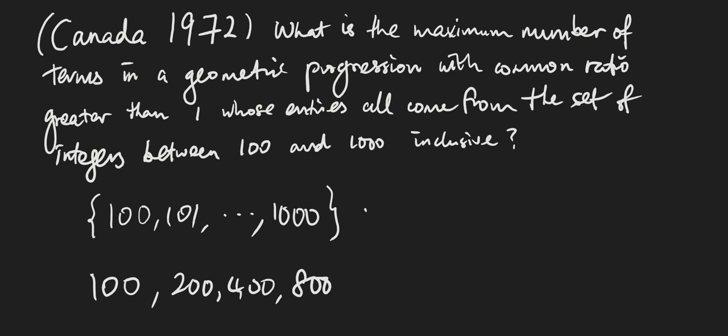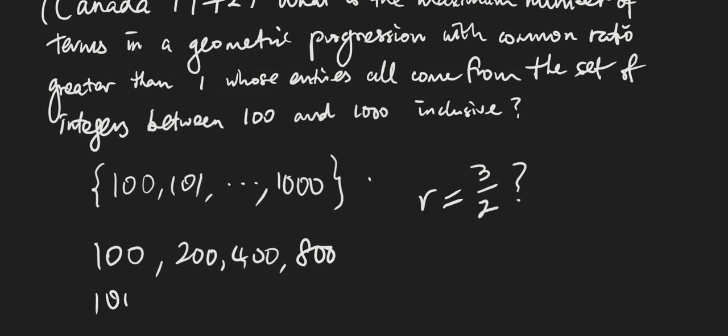But how about we have rational common ratios? Let's say we want it to be greater than 1, so maybe we try 3 over 2, which is the smallest possible ratio if the denominator is 2. And let's see if that works. Let's say r is 3 over 2, then the next term would be 150.